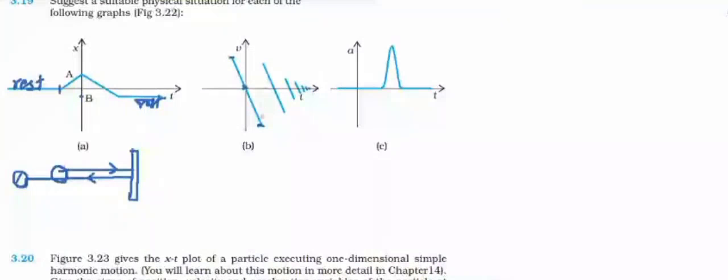Once the velocity becomes maximum, suddenly the direction of velocity changes. Velocity becomes positive. Here it was maximum negative, then positive, but slightly less than the initial velocity.